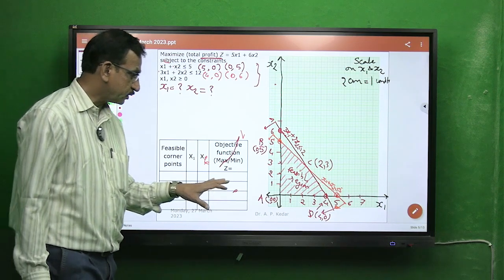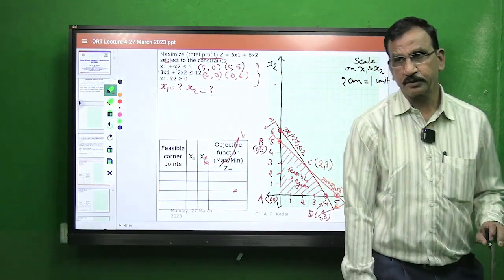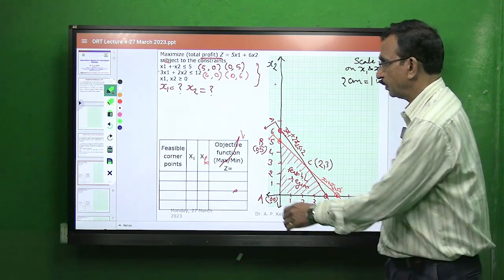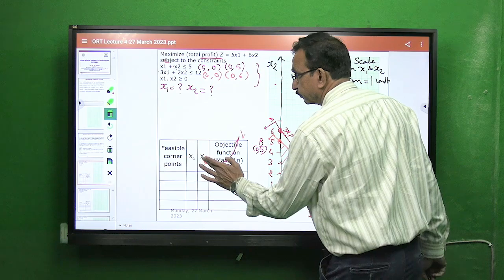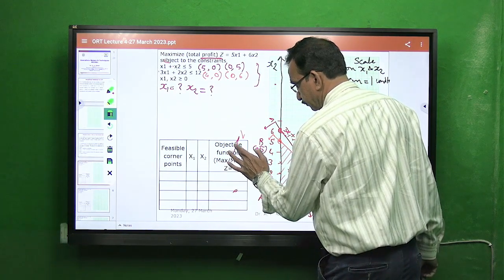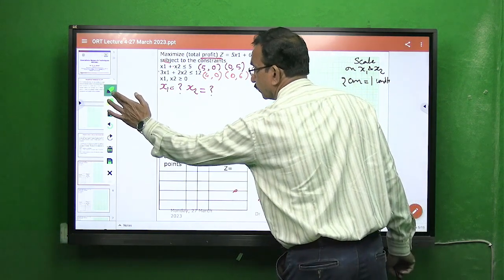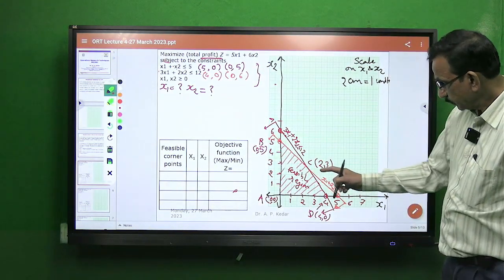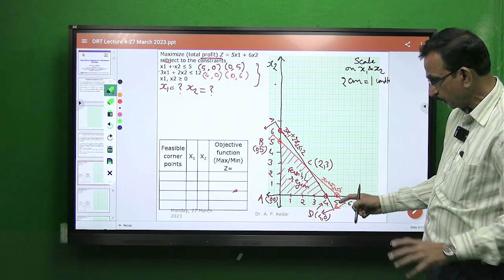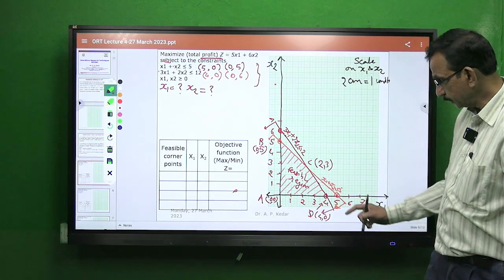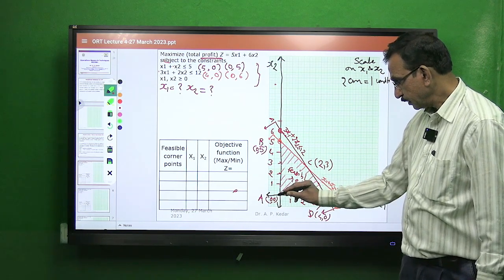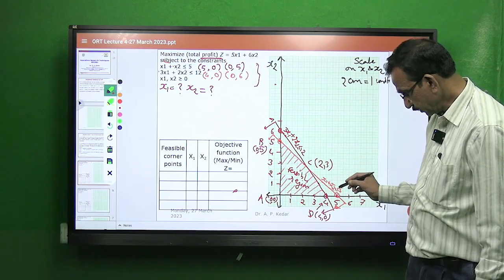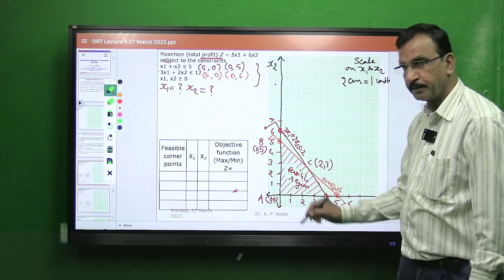Now, in the graphical solution, what we got is very important. From the given constraints, we got the feasible region, which takes care of this particular objective function. This feasible region is now confined by the segments AB, BC, CD and DA.